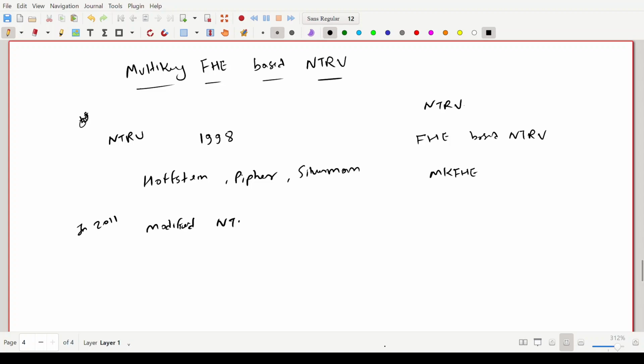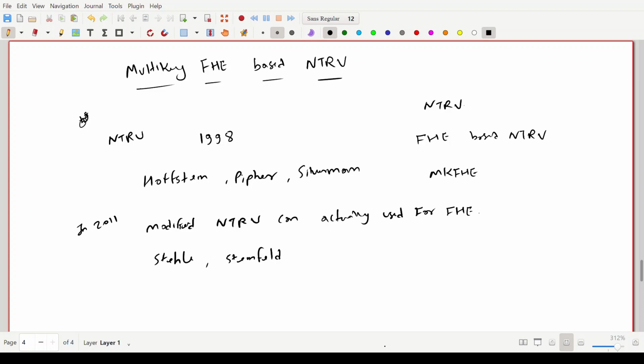Modified NTRU can actually be used for FHE, and this was given in 2011 by Stehlé and Steinfeld.